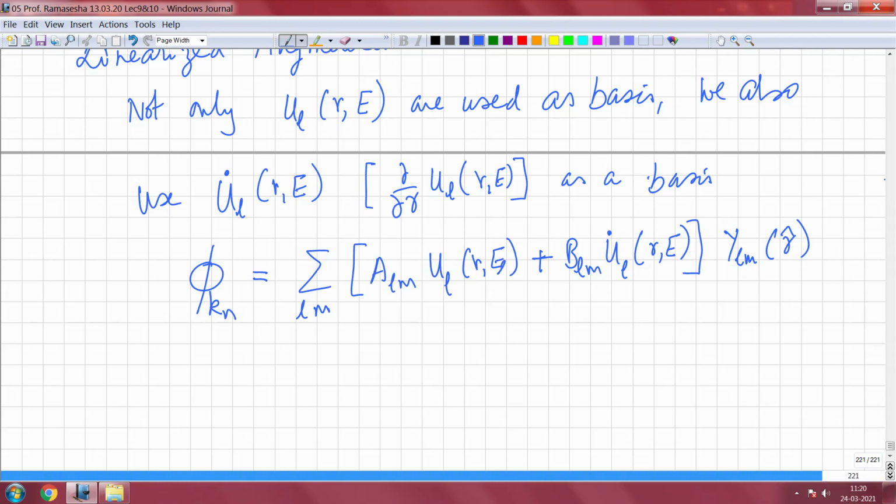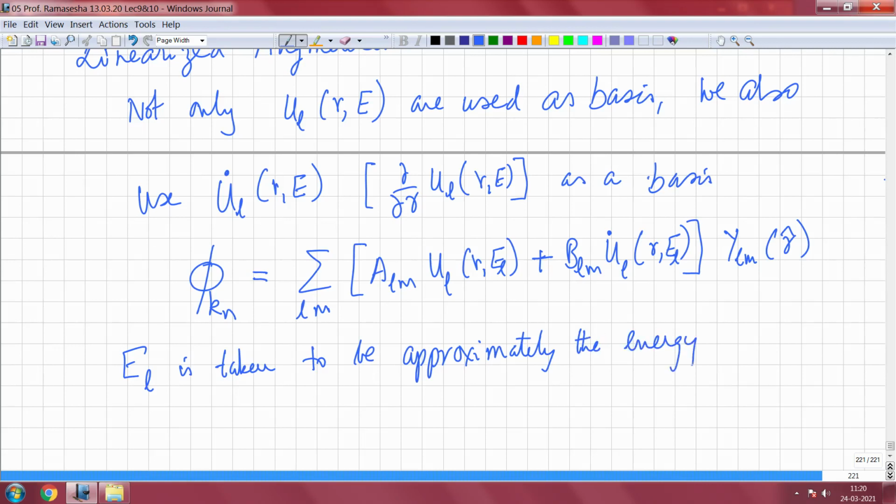Let me call this EL, because that is the energy value corresponding to RL, and EL is taken to be approximately the energy at the middle of the Lth band.